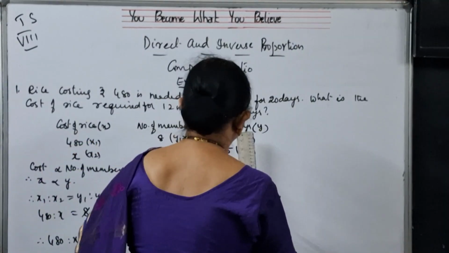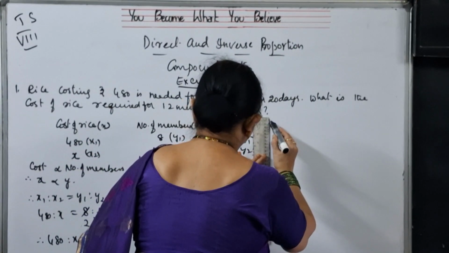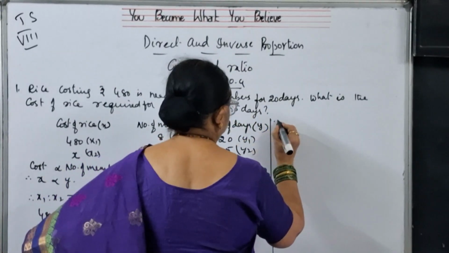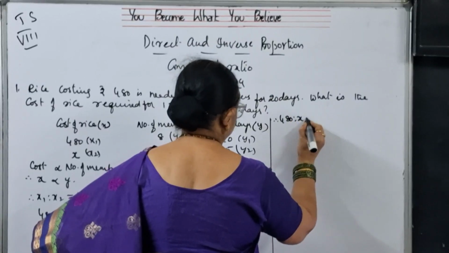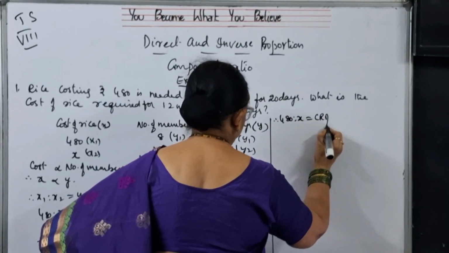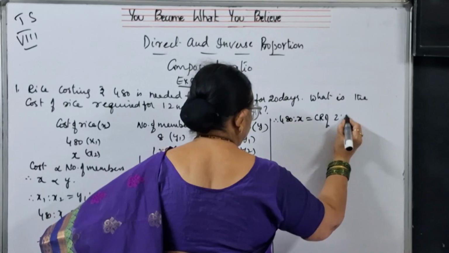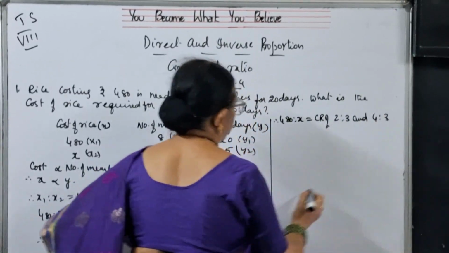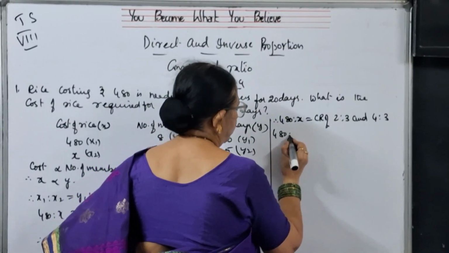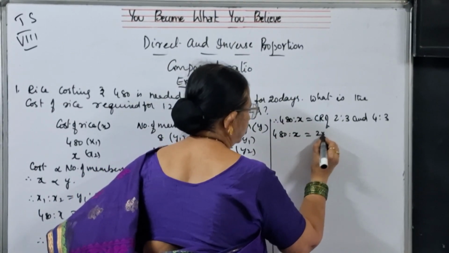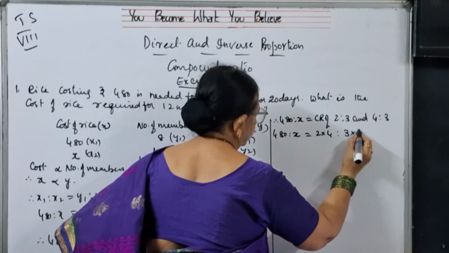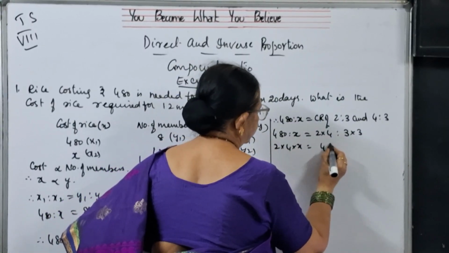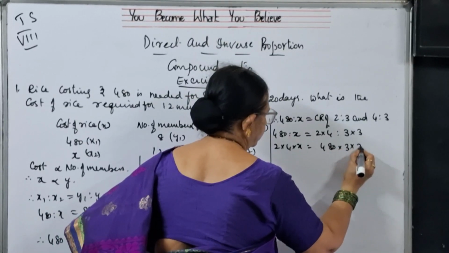So what are we getting? Therefore, 480 is to x is equal to the compound ratio of 2 is to 3 and 4 is to 3. So 480 is to x is equal to 2 into 4 is to 3 into 3. 2 into 4 into x is equal to 480 into 3 into 3.